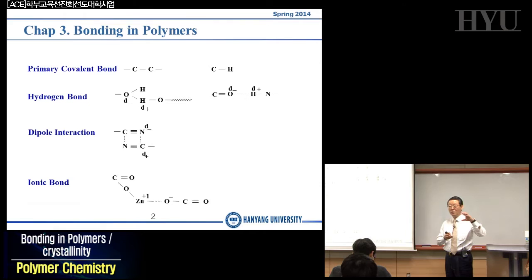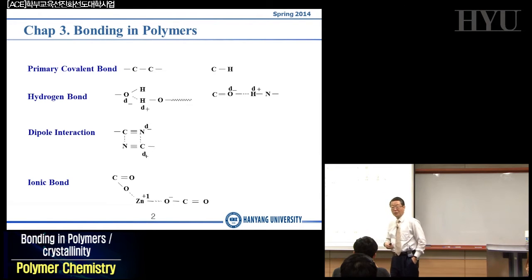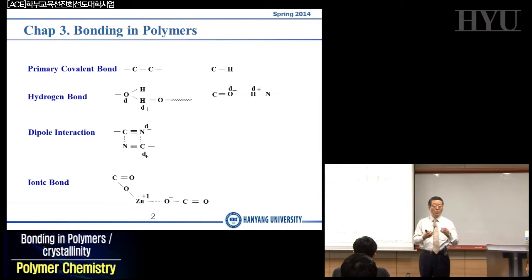That's why your acrylonitrile, which has a CN bond in the side chain and another CN bond in the carbon-carbon interactions, will form very strong dipole-dipole interactions. Later on, acrylonitrile can be used as a semi-crystalline polymer. That's why we can spin the fiber, and that's why you are making fabrics and clothing out of these semi-crystalline acrylic fibers.